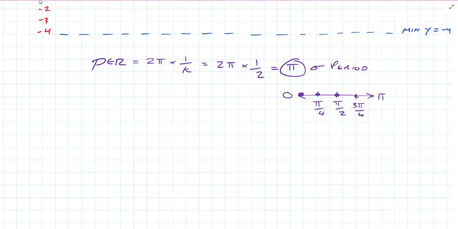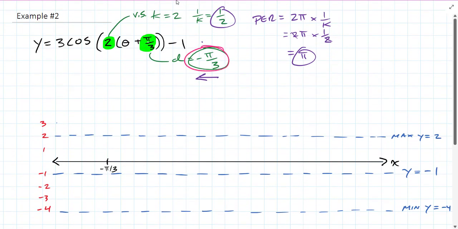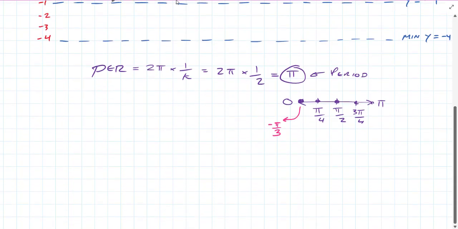We want to move everything over pi over 3, because it's moving negative pi over 3. So for this d value, we want to move everything to the left by pi over 3. We already have 0 at negative pi over 3, so that's done. Let's go to our endpoint. What if I want to move this one to the left by pi over 3?